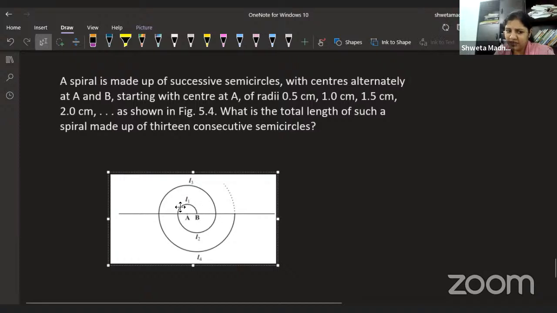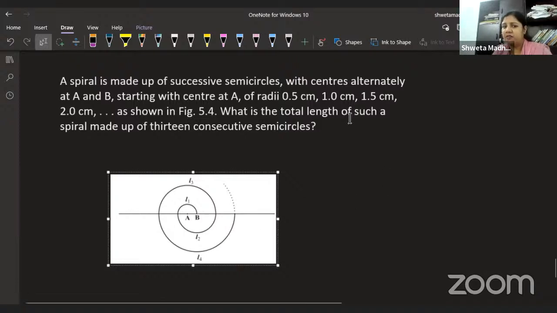This is the first semicircle L1, with centers alternately A and B. The first semicircle has center A, the second has center B, the third has center A, the fourth has center B again. So alternately A and B. Only then will it form a spiral, otherwise it will form only a circle.